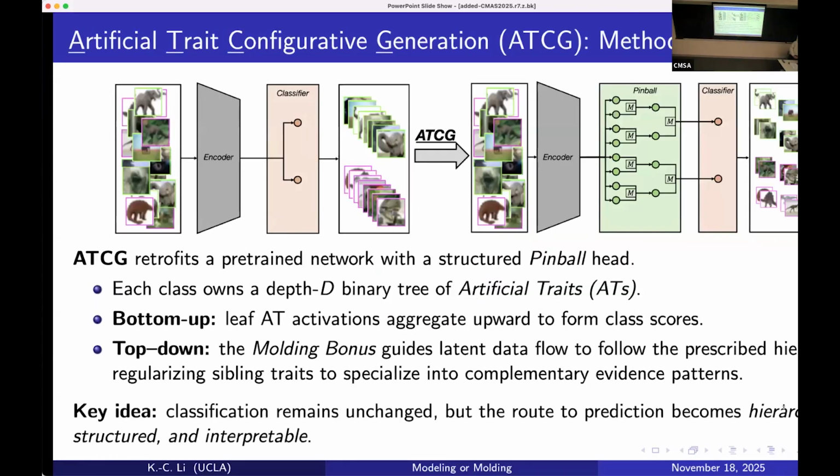The problem is you start from the same framework, right? Encoder here, and then usually you get these decoders, which immediately feed into this classifier. That's what we do. What we are going to do is make things more transparent.